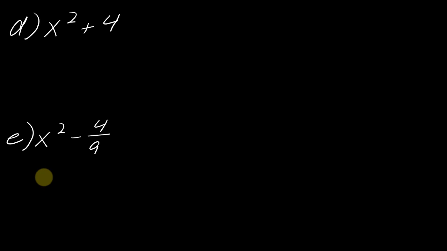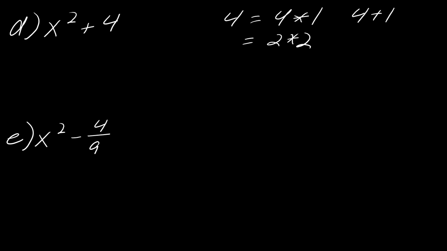Okay, so let's talk about the case of what if I had x squared plus 4. This is called the difference of squares, not the sum of squares. So if we think about this for a second, we need two things that multiply to positive 4 but add to 0. I can pretty easily come up with the list of things that multiply to positive 4, but you'll notice that if I add these together, none of them are going to equal 0.